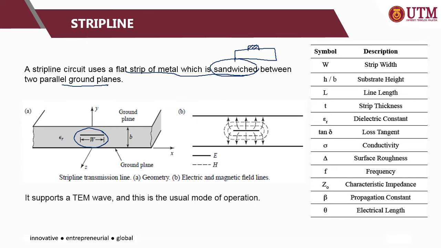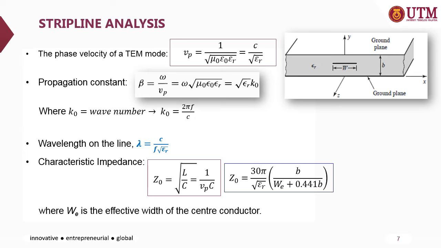So to revise, the strip line supports TEM wave, TEM mode, and this is the common mode of operation for strip line. For the strip line, we can calculate the phase velocity for the TEM mode of operation, Vp, by using the following equation. C is the speed of light and epsilon R is the relative permittivity of the dielectric materials.